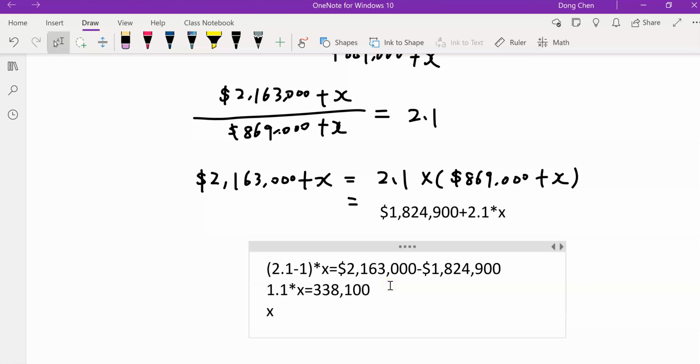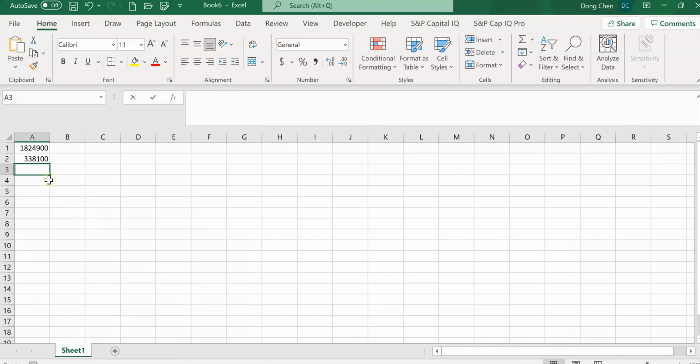So eventually X will equal 338,100 divided by 1.1.